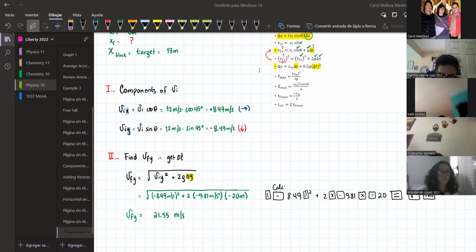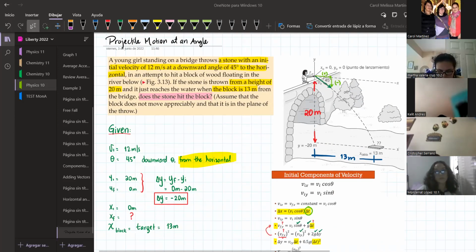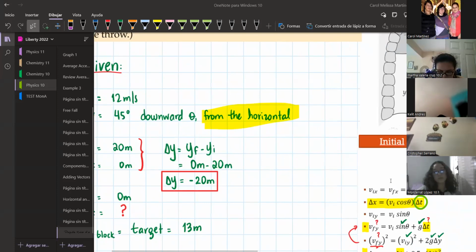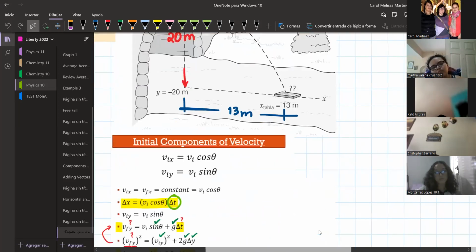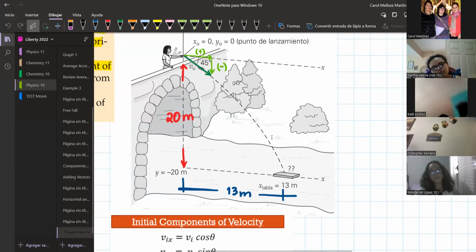Okay, now we need to analyze, and I need your attention in this particular moment. This stone is going to come here, and then here, and then here, and then we don't know, but it's probably going to be here, okay? So vertically, where is the stone going?